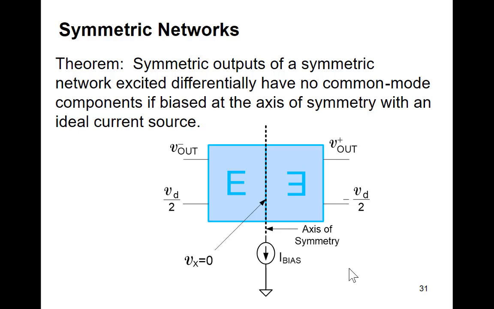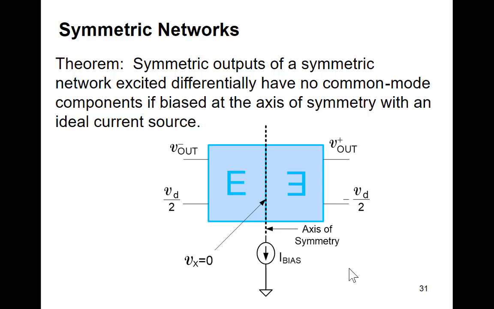If they have a common mode component, if these voltages go up and down, oh, I said that. I didn't make a mistake, but I want to look at the differential excitation first.